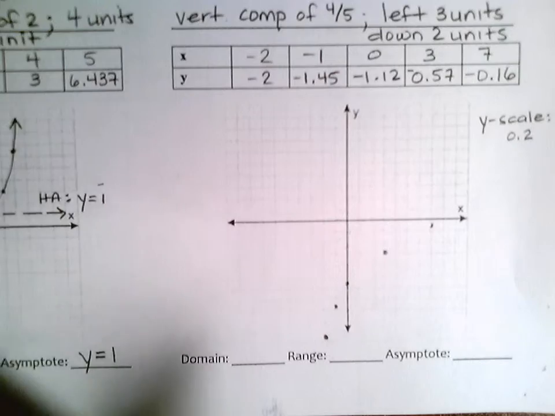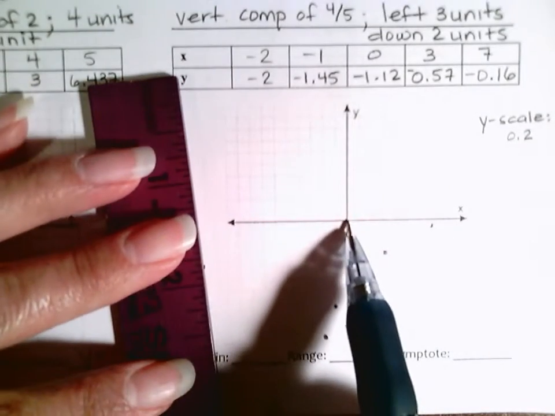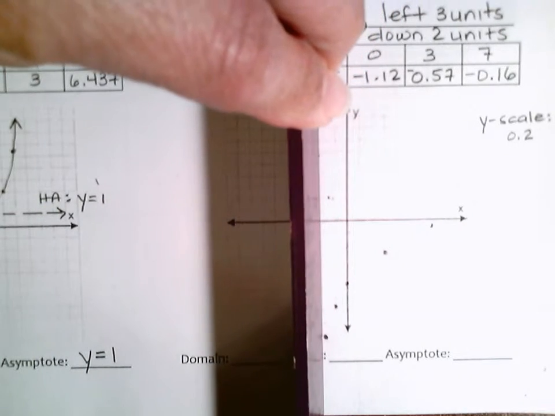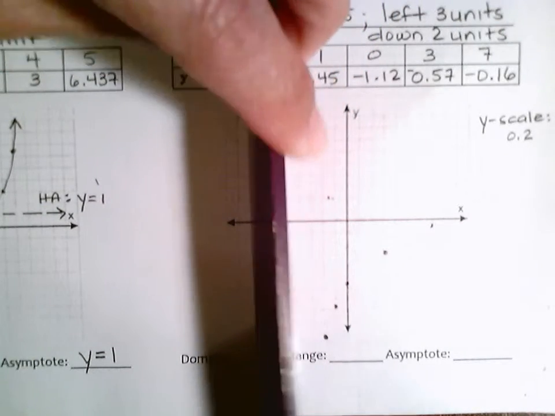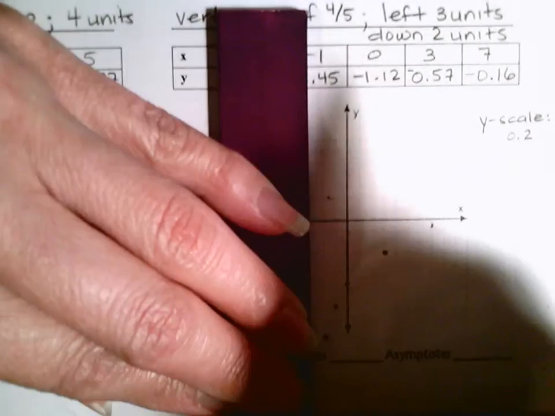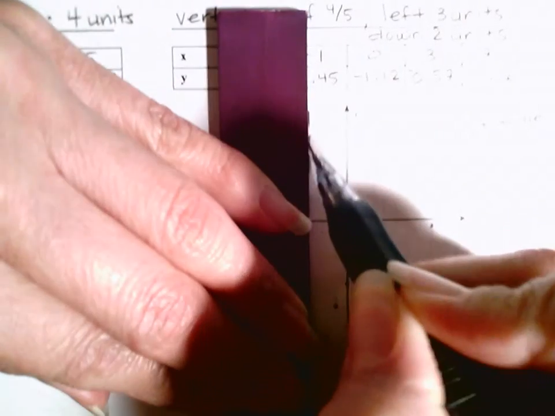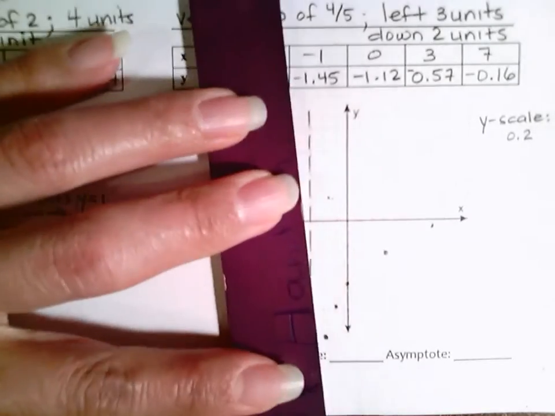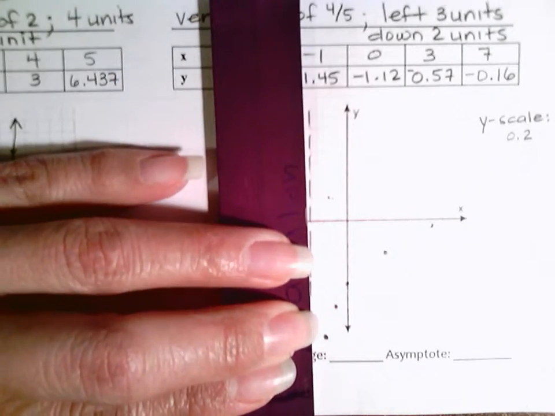So here, I had to go over 3 units from the 0. Originally it was here at 0. So I had to go 1, 2, 3. So right here at the 3, I am going to draw a dashed line to depict the new asymptote. Okay, let me go a little bit further down.